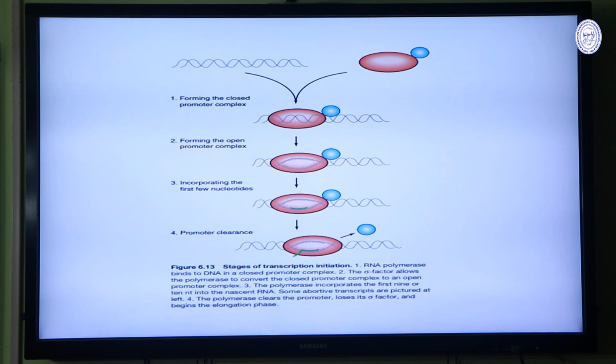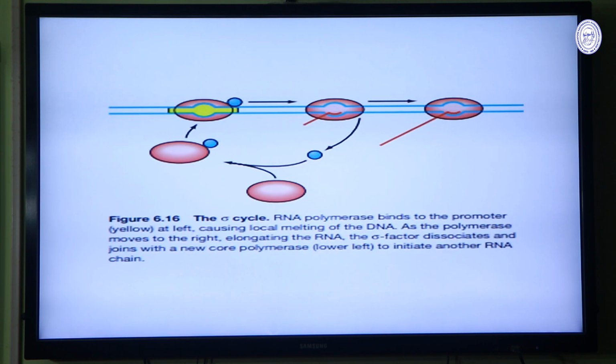Sigma factor is still associated there, and when the holoenzyme leaves the promoter and moves further downstream of the gene, the sigma factor will be released, and this sigma factor can be recycled.